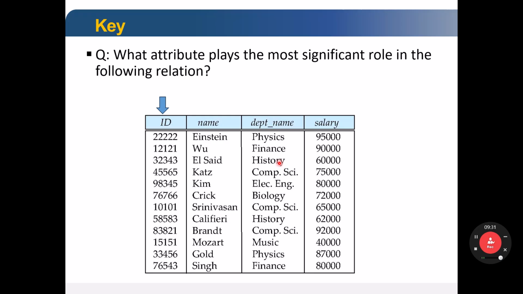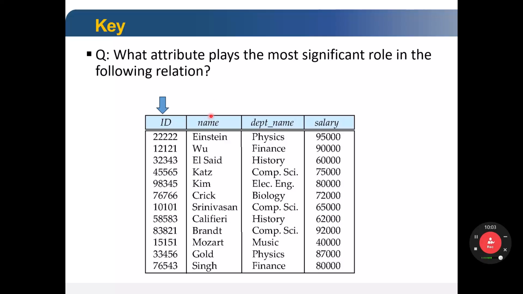And now let's talk about keys. A key is an attribute or multiple attributes that can uniquely identify a particular tuple in a table. So if you look at this example, what is the key? ID. If you look at these IDs, there are no duplicate IDs. So using an ID, we can uniquely identify a particular record.